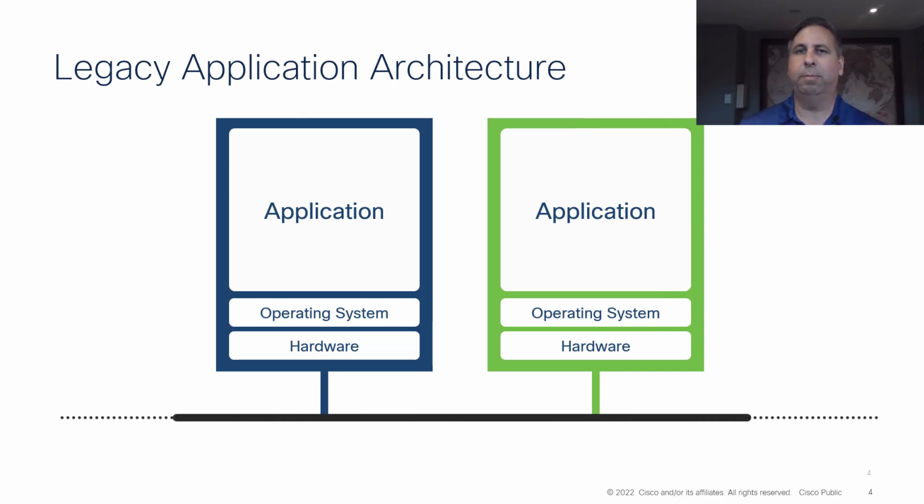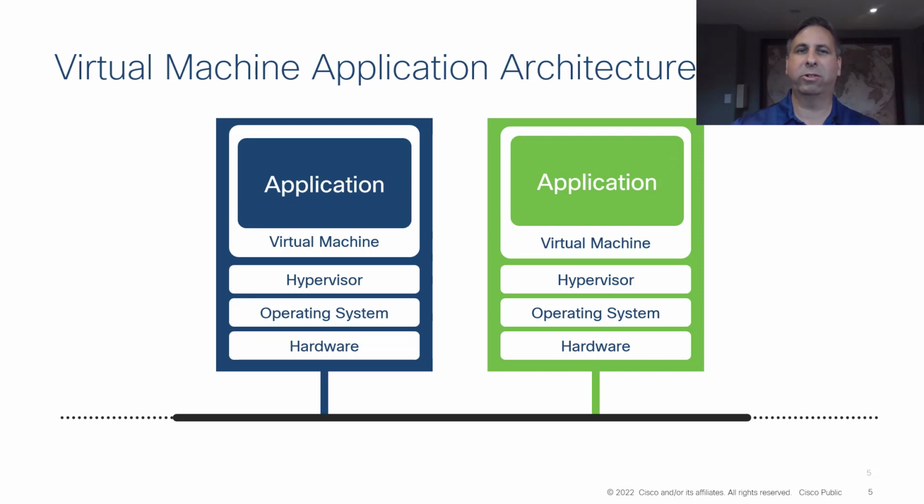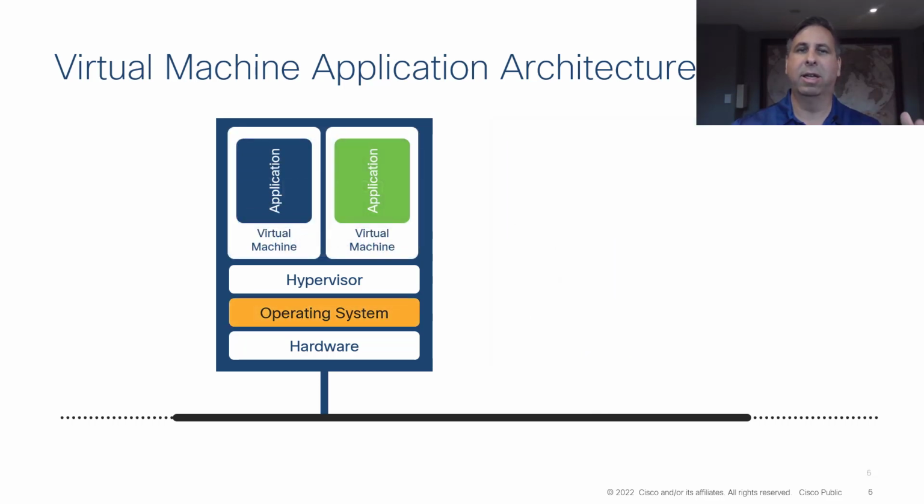Well, a big leap forward was when we introduced virtualization technologies that had the ability to share hardware, to say, let's virtualize the hardware so that you could run multiple applications on the same physical hardware. And that way you didn't have to have a second or third or multiple instances of actual physical hardware per application, so that as you scaled up and scaled down, you maintain a lot of efficiency.